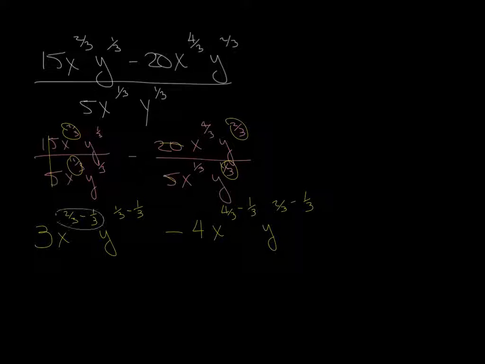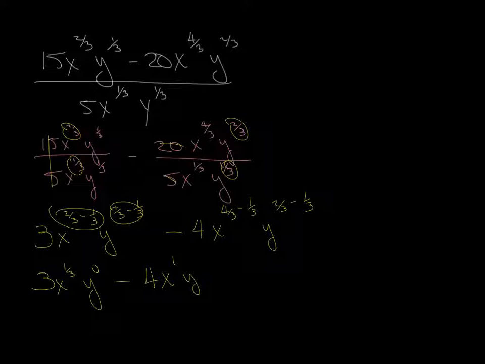Okay, so let's go ahead and do these. 3x, 2/3 minus 1/3 is 1/3. 1/3 minus 1/3 is 0. So y to the 0 is what we've got. 4/3 minus 1/3 is 3 over 3, which is 1.